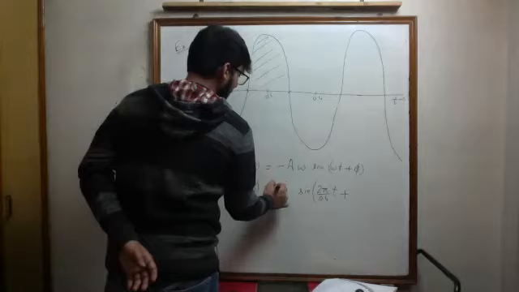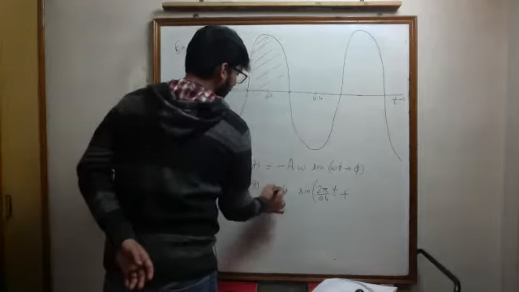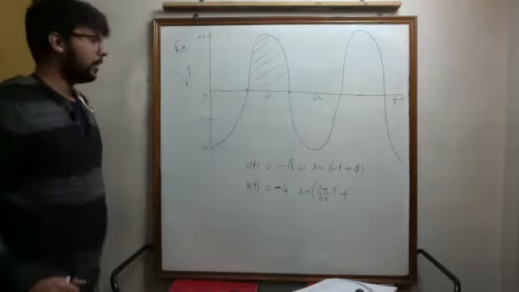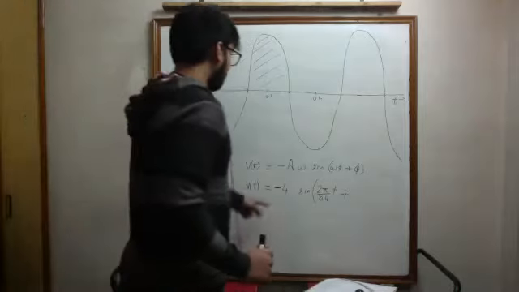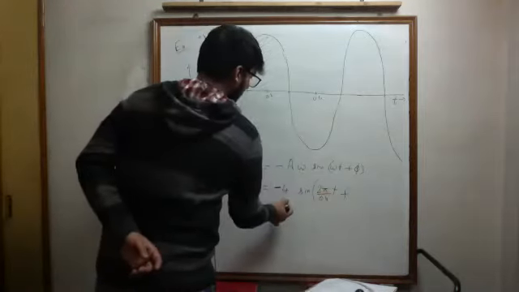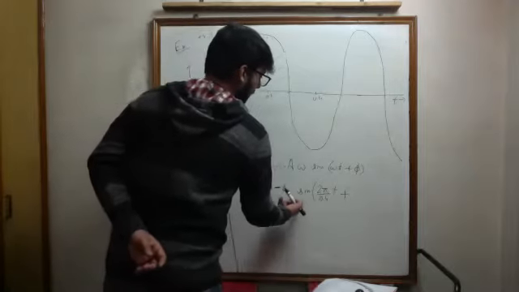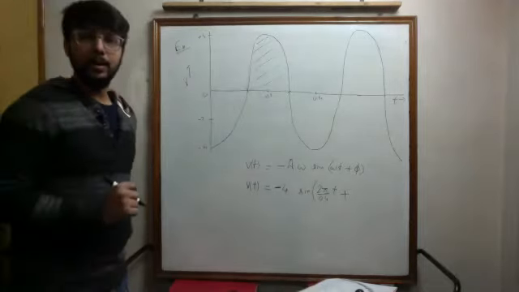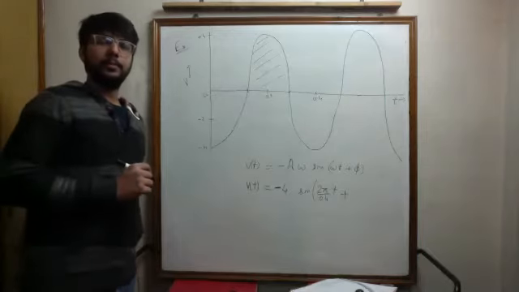Now, because there is a minus sign in the general form also, I'll apply a minus sign here as well, just to keep it common. And the result is that when t is 0, I will get -4 if sine of phi turns out to be 1. That means what is the value of phi?